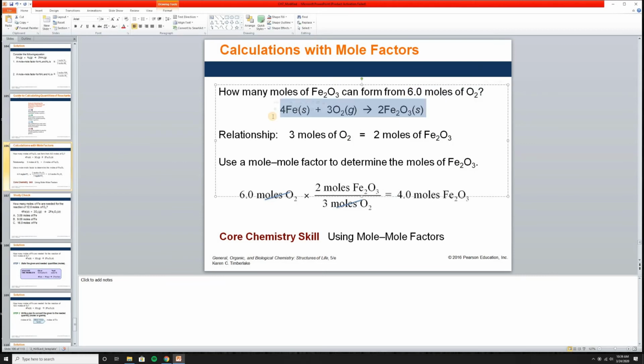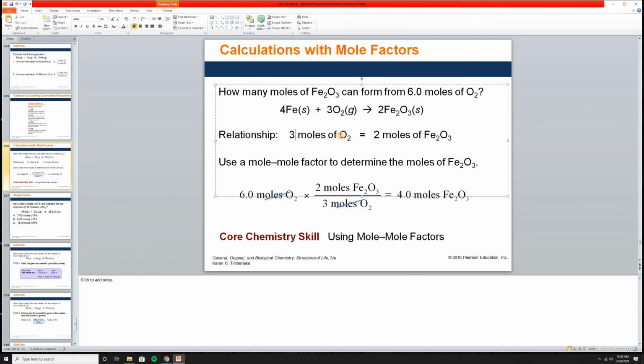in this equation? So for our relationship, we can just look at our coefficients, and we can see that 4 moles of Fe react with 3 moles of O2 to create 2 moles of Fe2O3. So the question is, how many moles of Fe2O3 can form from 6 moles of O2? Here you have 3 moles of O2.